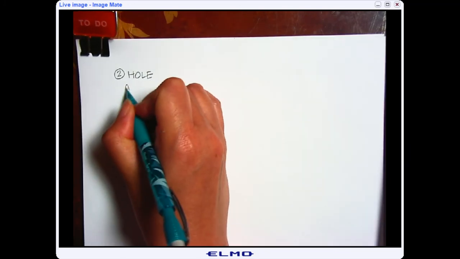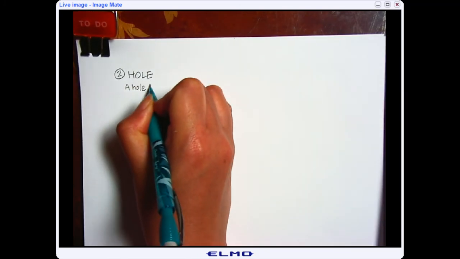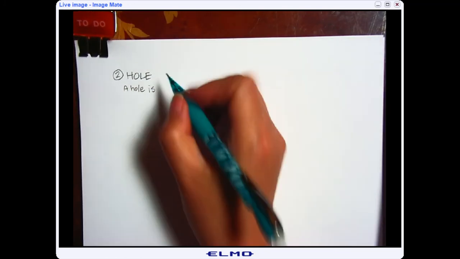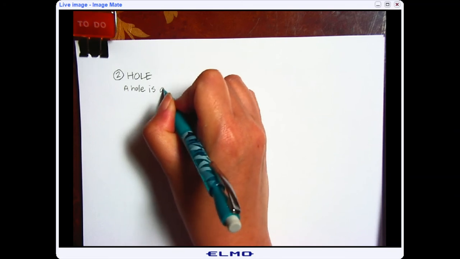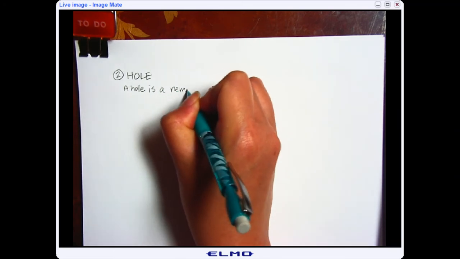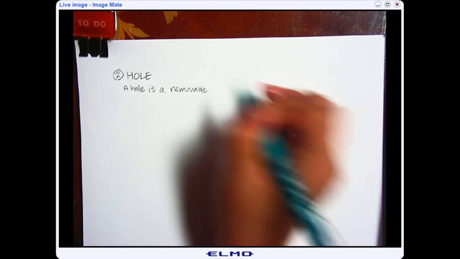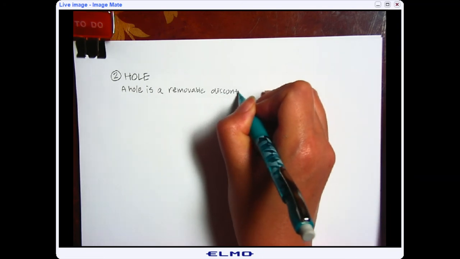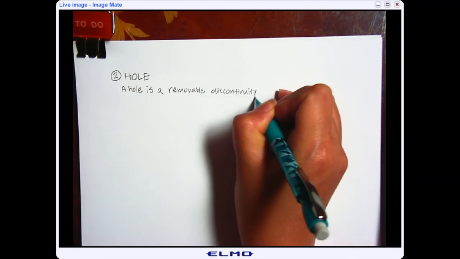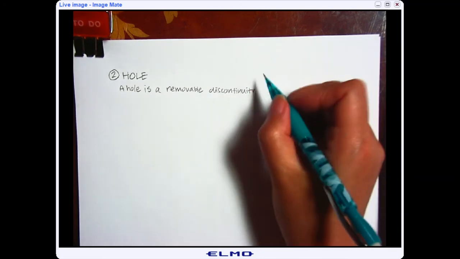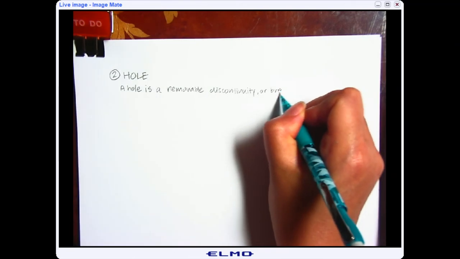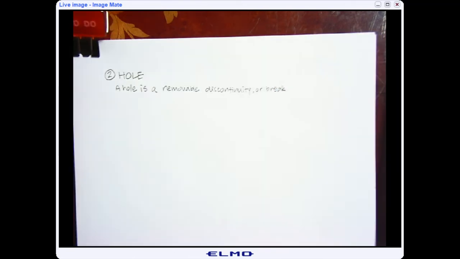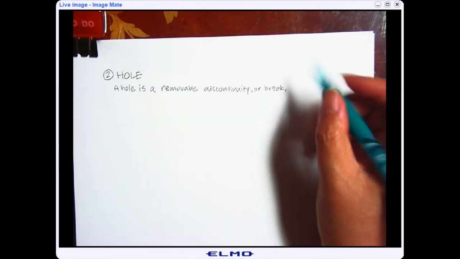What's a hole? A hole is a removable discontinuity or break in the graph.